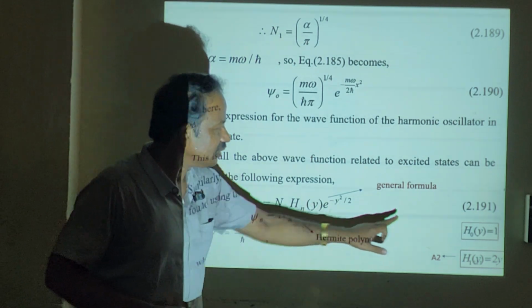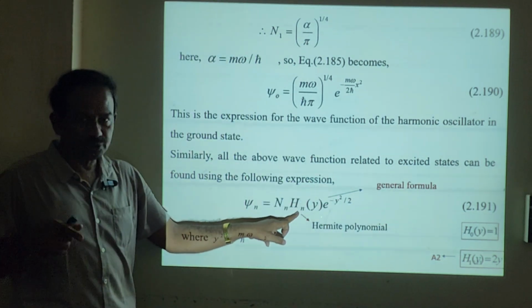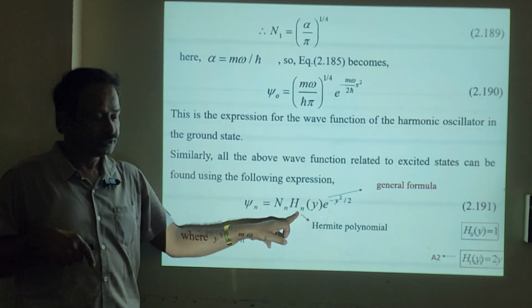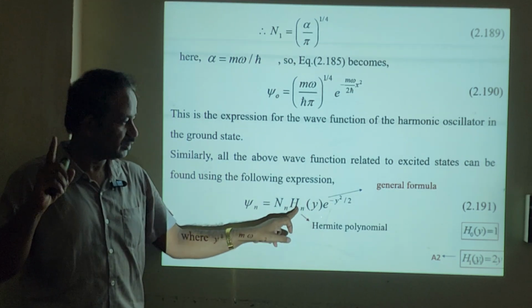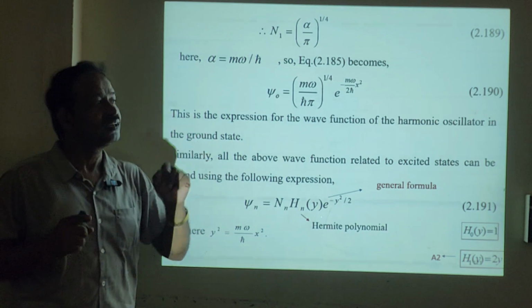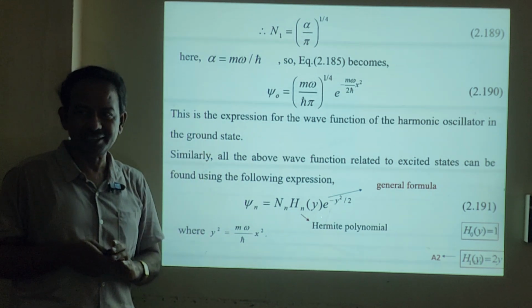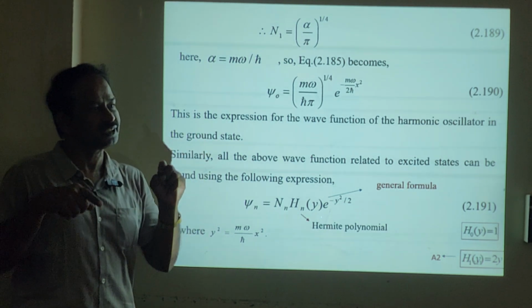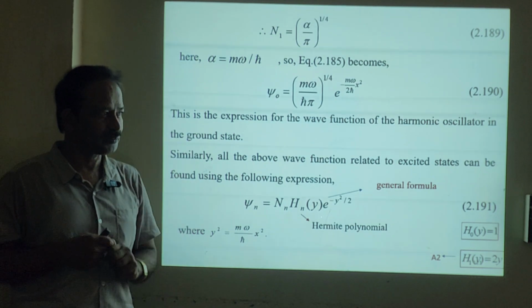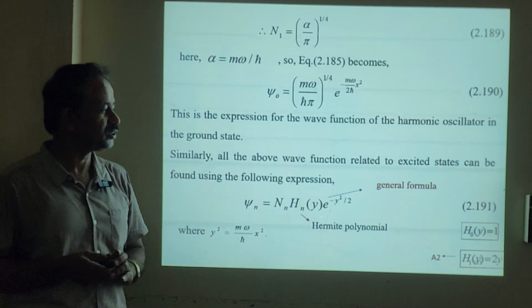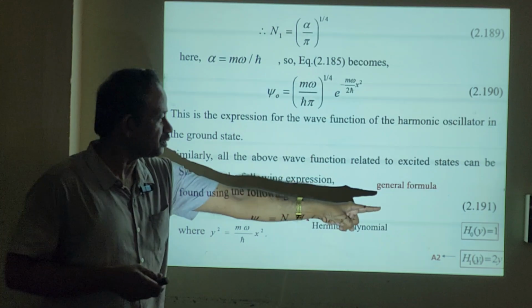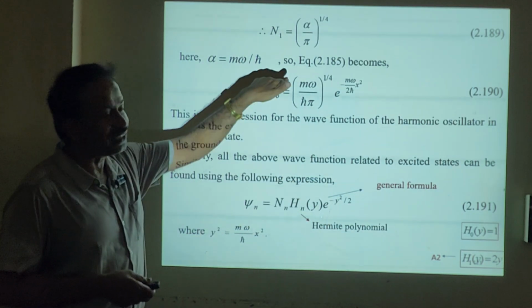Here, suppose you go for n equals 0, then H naught of y becomes 1. You would have studied this already in the Hermite polynomials. The Hermite polynomial for the ground state, H naught of y, will be 1. Generating function, can you remember? If you substitute H naught of y equal to 1, you will get exactly this.